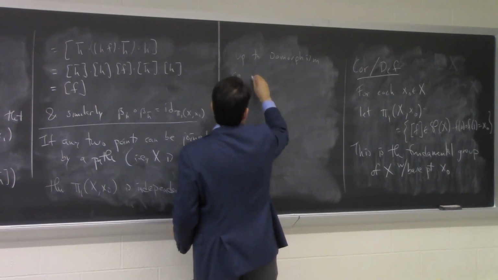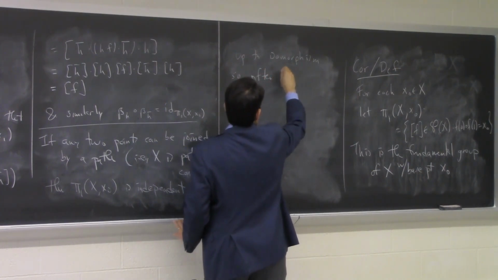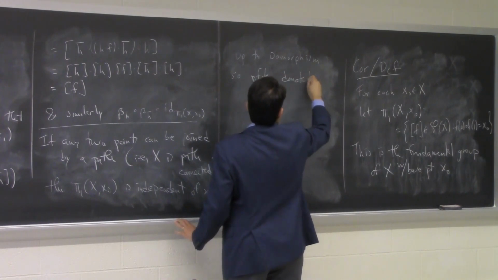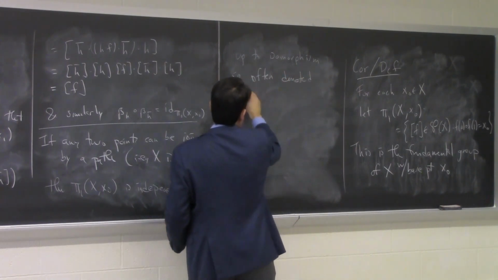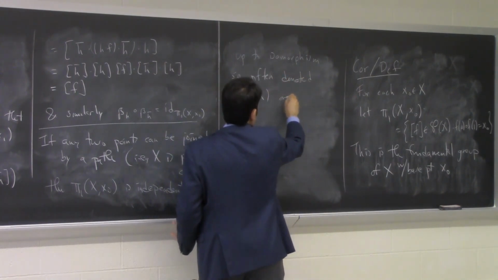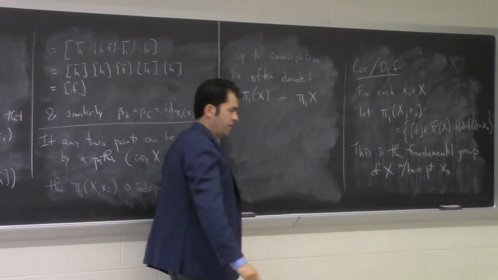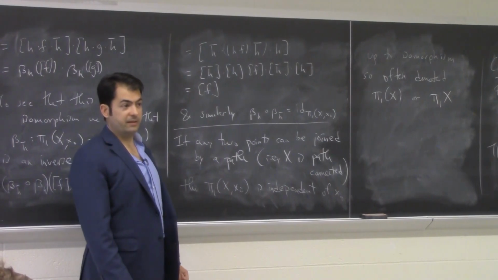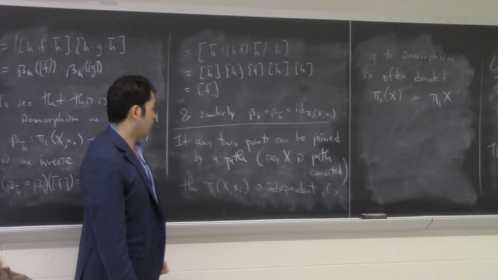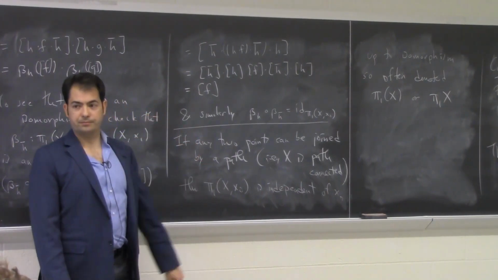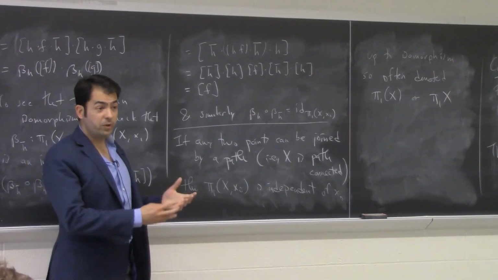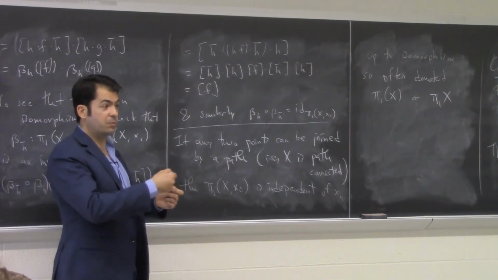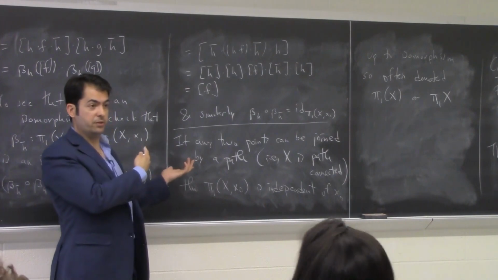So often denoted just pi1 of x, with or without parentheses. So we leave out the base point if we're working on a path-connected space because we don't care. We get the same group. But it's always implicitly there. The loops have to be based at a point so that you have an operation.